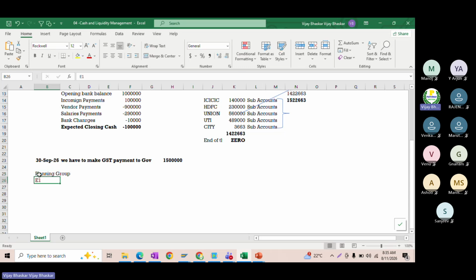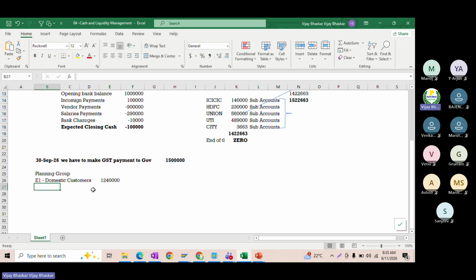Let us assume E1 is defined for domestic customers. So now, if the planning is defined for domestic customers, you can see the domestic customers related balance here for planning purposes. Either it could be an incoming for tomorrow's point of view. Let's assume based on the payment terms, we can get this information.